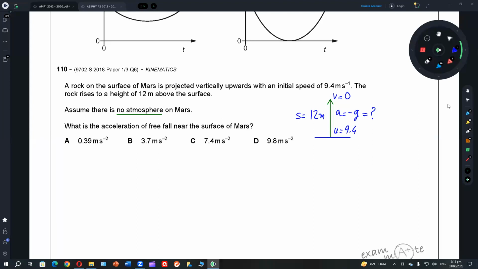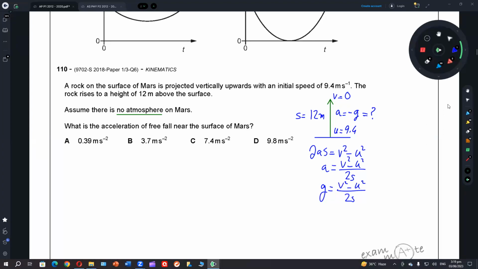Should I take 2s? Yes, 2as is equal to v squared minus u squared. So the final velocity will be 0 as it is reaching the maximum.